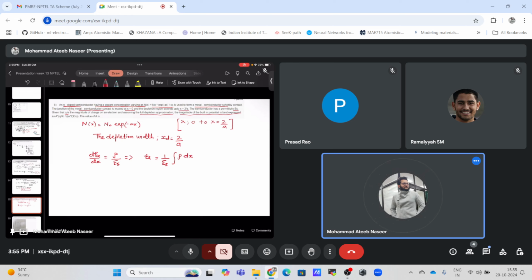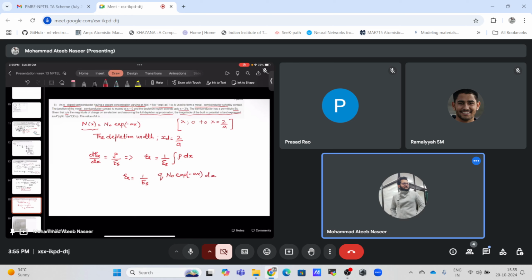Rho is q times n of x, which is n0 exponential of minus ax.